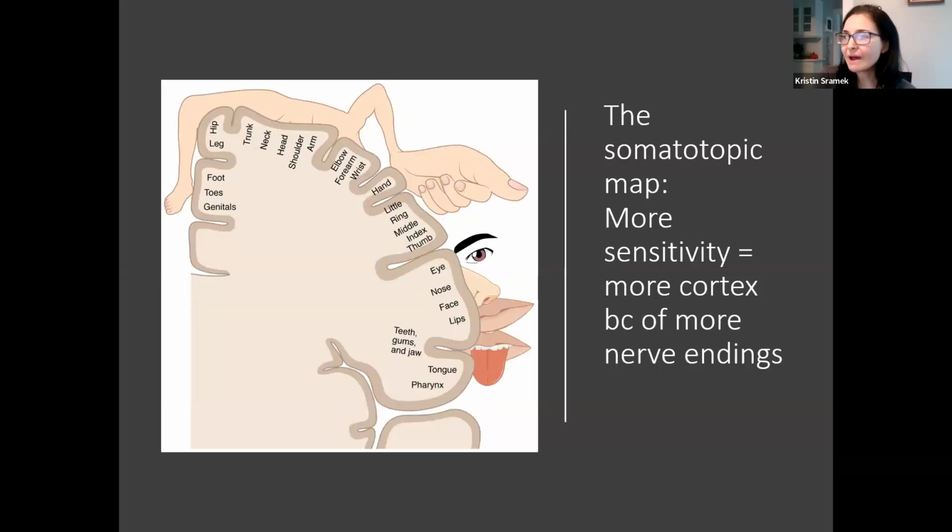All right, so the somatotopic map, if you think about it, if you have more sensitivity then you're going to have more nerve endings, right? So if you have places like, in particular, if you think about your mouth or your nose or your hands, if you get bumped or bruised or scratched in some place like your mouth or your eye or your nose, how much more painful is that if it happens on your face or on your hands, as opposed to if you were to get cut like on your thigh or on your back?